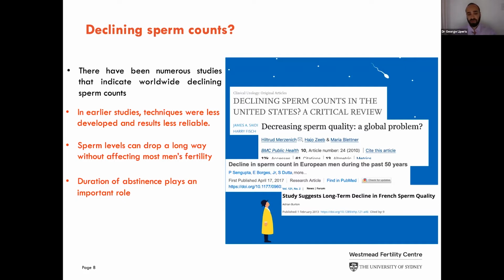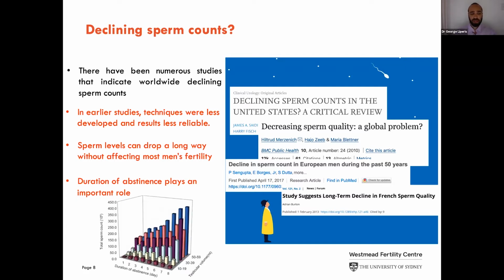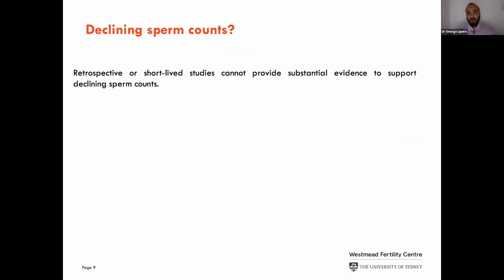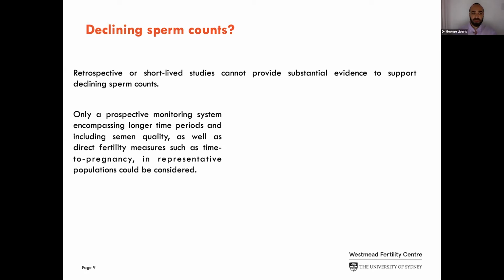Also, the duration of abstinence plays an important role, and as we can see in this diagram, the duration of abstinence has a positive effect on the testicular volume and therefore the total sperm count. So when taking this into context, retrospective or short-lived studies cannot provide substantial evidence to support declining sperm counts.